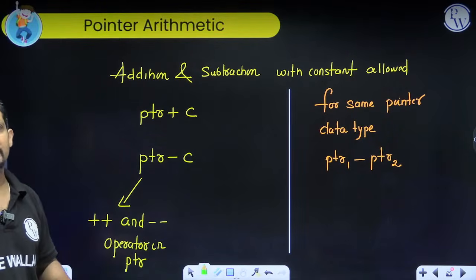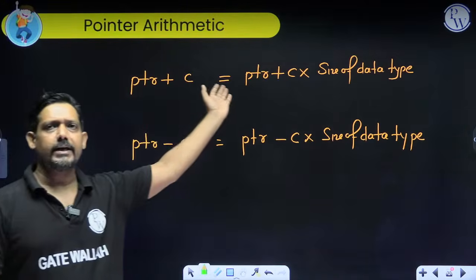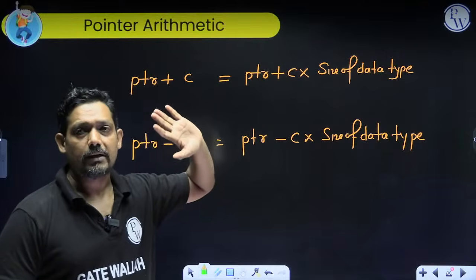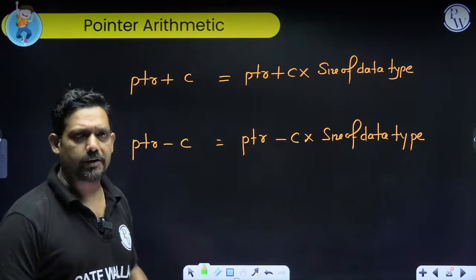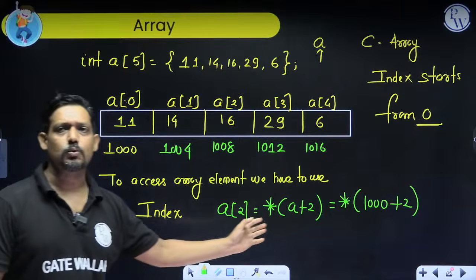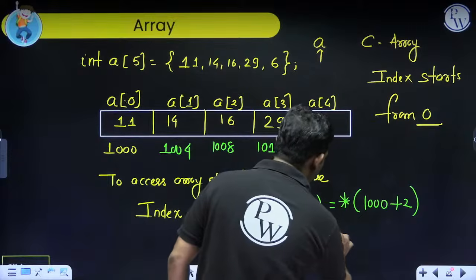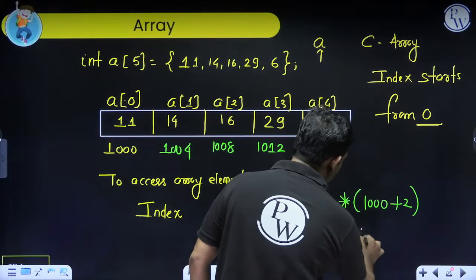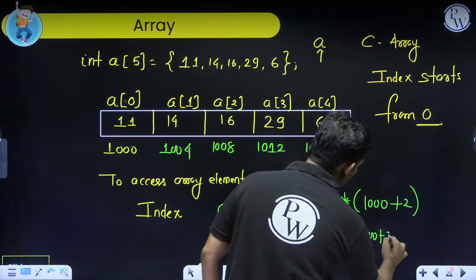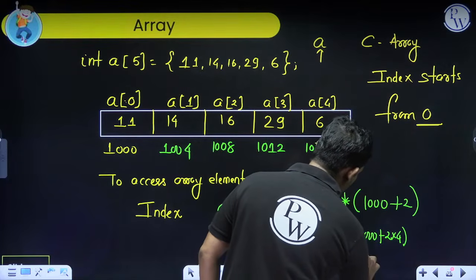The rule applicable is pointer plus c equals c into size of data type. So whenever we deal with a pointer, 1000 plus 2 is not 1002. You understand? 1000 plus 2 will be calculated as dereference 1000 plus 2 into 4, and that will become dereference 1008.